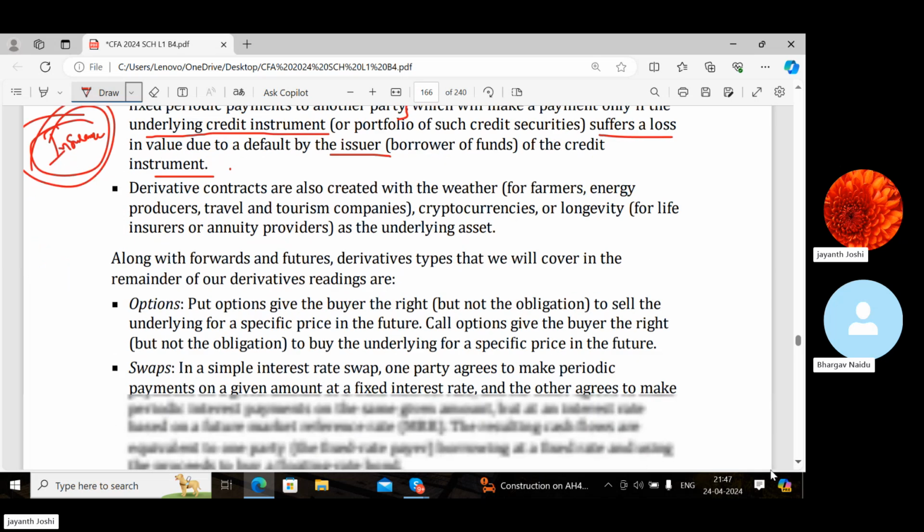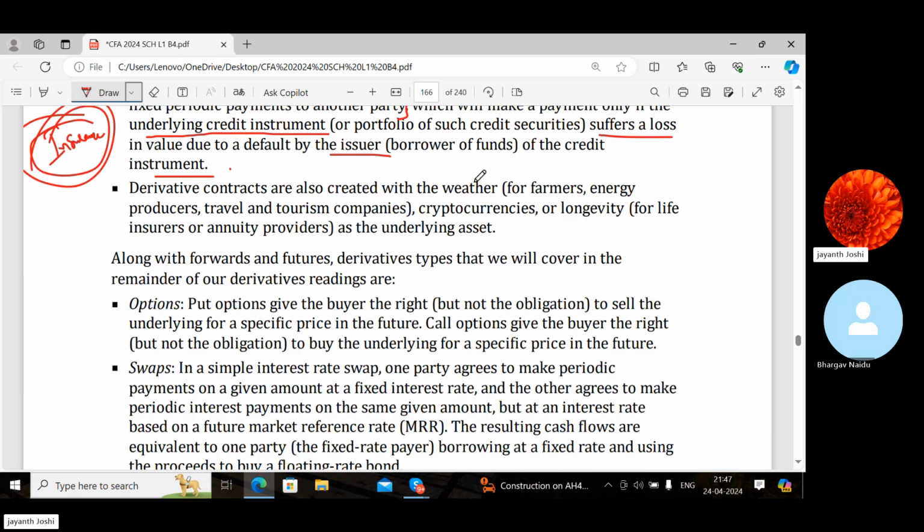And derivatives can also be seen today in the case of farmers. They can use derivatives for making contracts regarding whatever they are producing to sell in the market to customers. Energy producers like crude oil producers, tourism companies to sell their tickets, cryptocurrencies, or longevity can also make them.